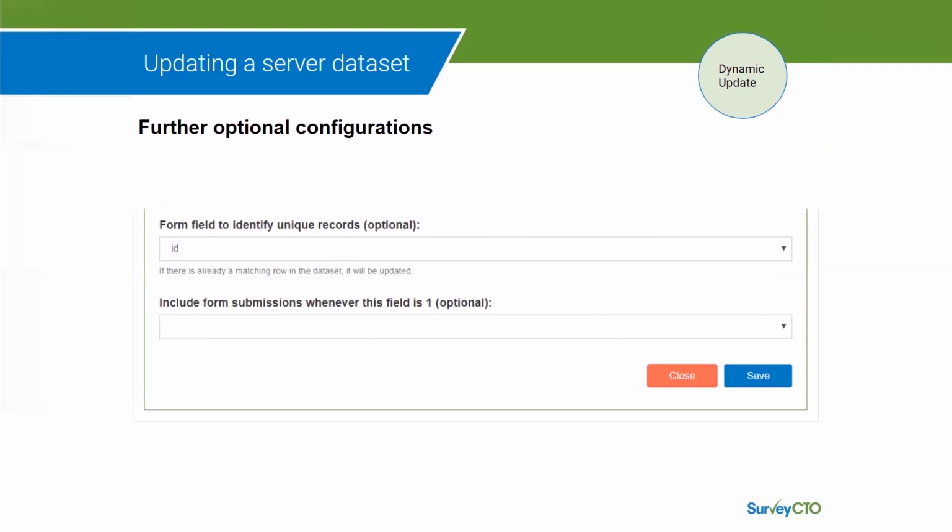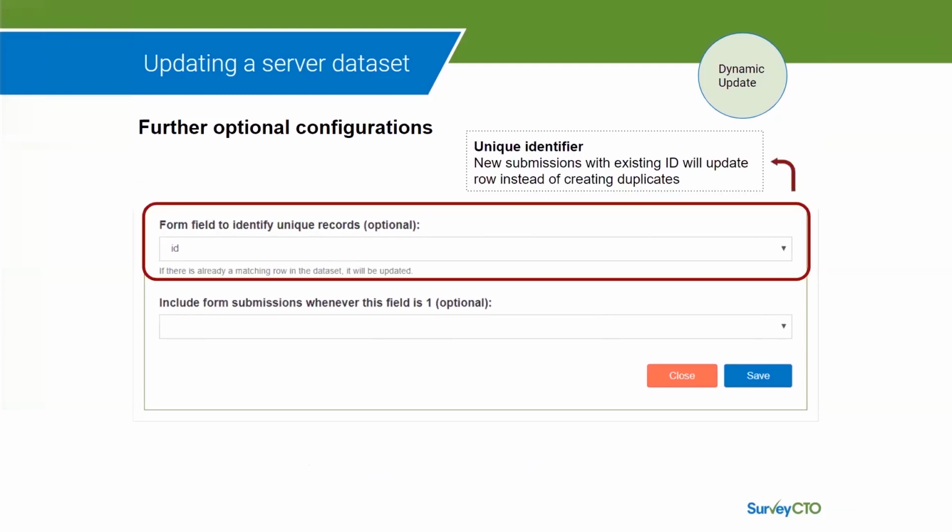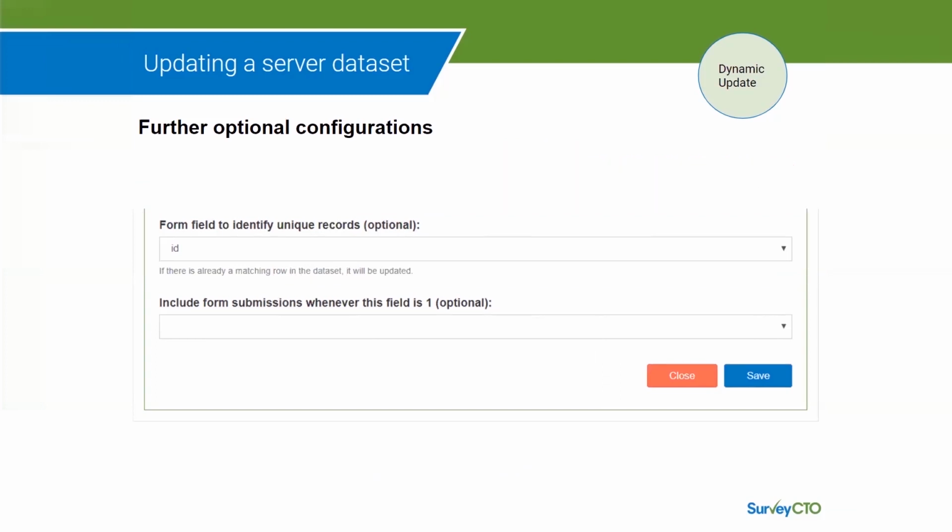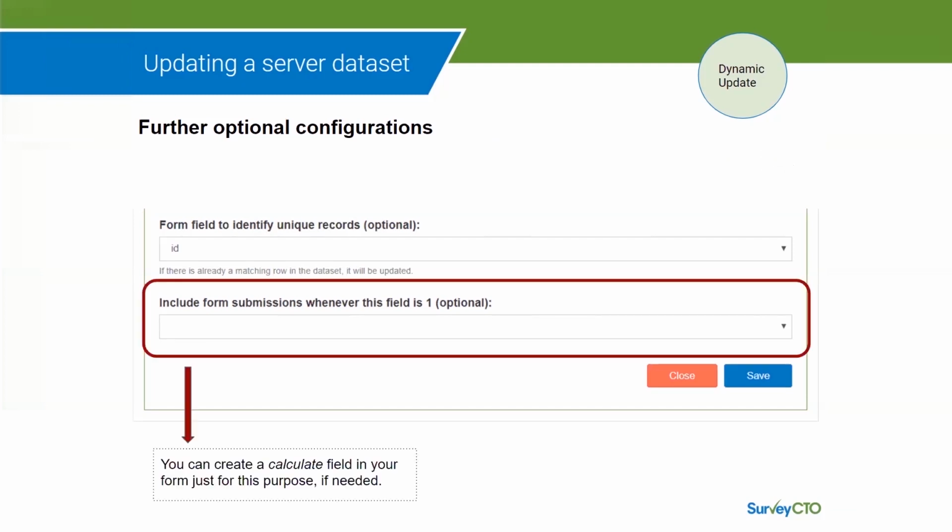You can specify the unique identifier of your study if you want to update rows based on the ID instead of creating duplicates, or you can specify a field that evaluates to 1 whenever you want the submissions to be published. An example is to publish only submissions related to ineligible respondents. And note that you can create a calculate field in your form design just for that. And this is all you need to know about publishing your form data into a server dataset.